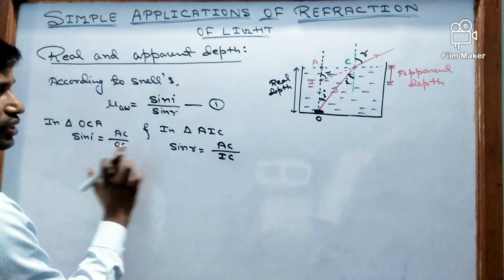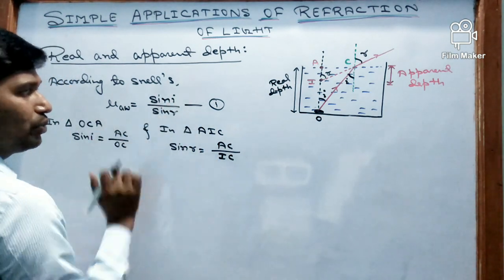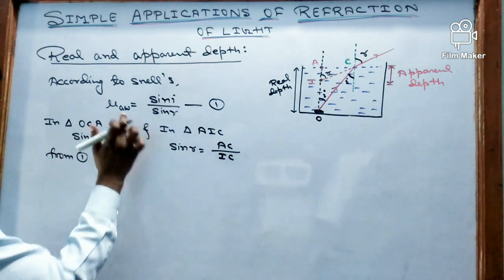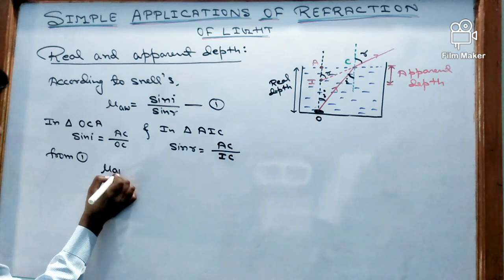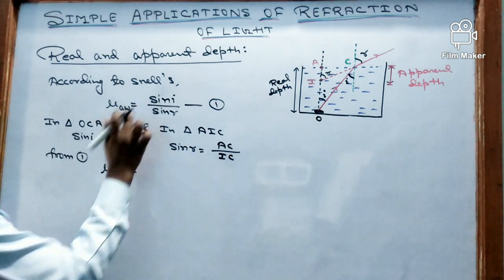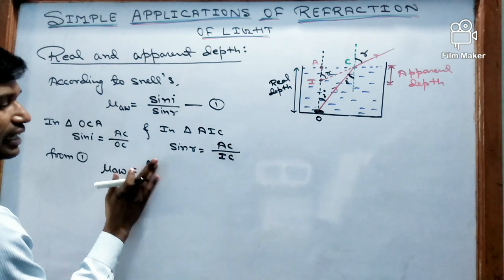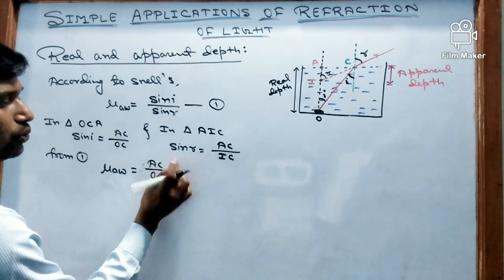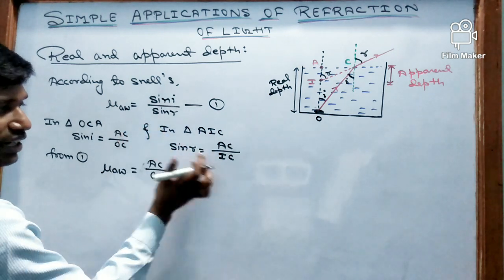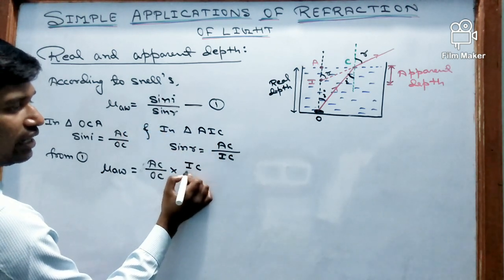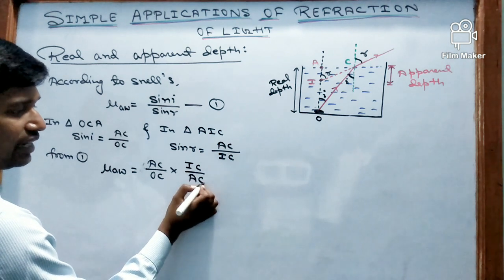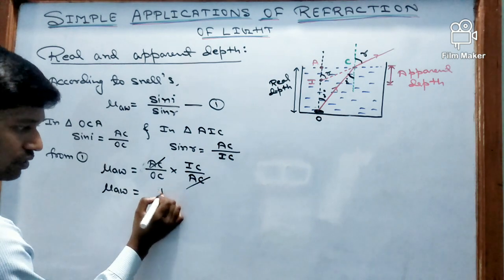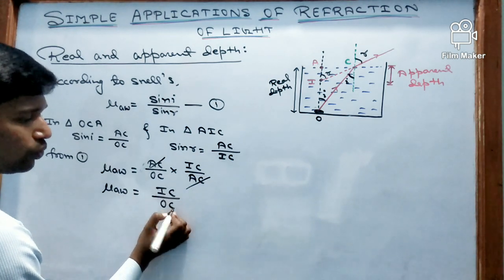Now if we substitute these values of sin i and sin r in equation 1, we get mu AW is equal to sin i, that is AC by OC, into sin r. As it is in the denominator, we write it as reciprocal, that is IC by AC. This will cancel, and we can write mu AW is equal to IC by OC.